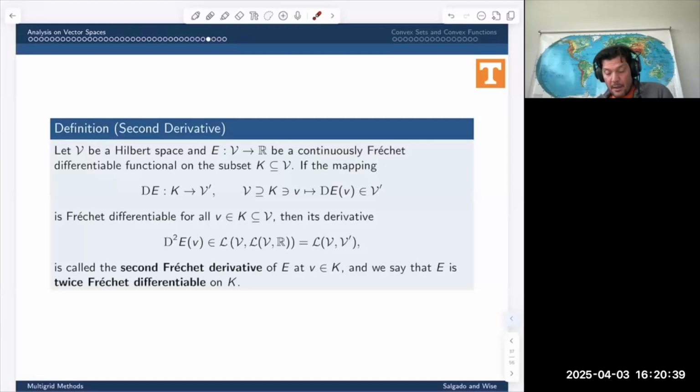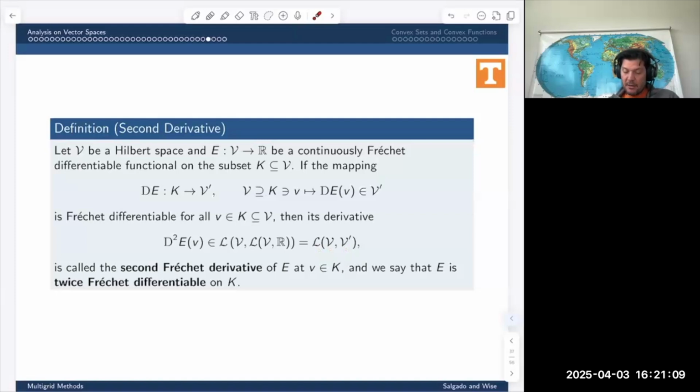In general, that mapping won't even be continuous, but we can ask the question, is it continuous? And then is that mapping also differentiable? If it is differentiable, then that's going to be an object in the space of bounded linear operators from V into V prime. Okay, so L of V into V prime.